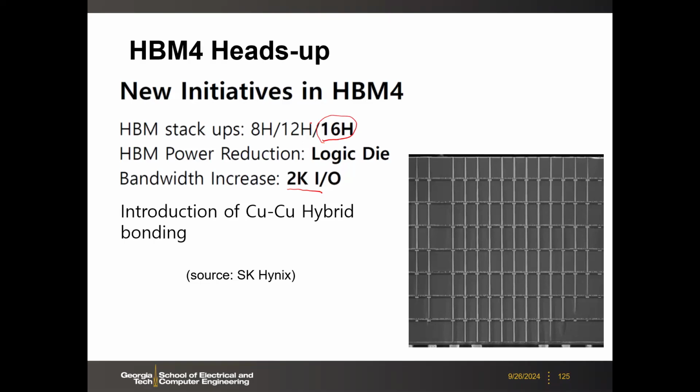Okay, and also they are going to switch from the micro bump to the copper to copper hybrid bonding. Okay, because if you recall the last lecture, the micro bump typically has a bonding pitch of about 30 micrometer. If you switch to the hybrid bonding, then the bonding pitch could be below 5 micrometer. So you're going to further increase the bonding density.